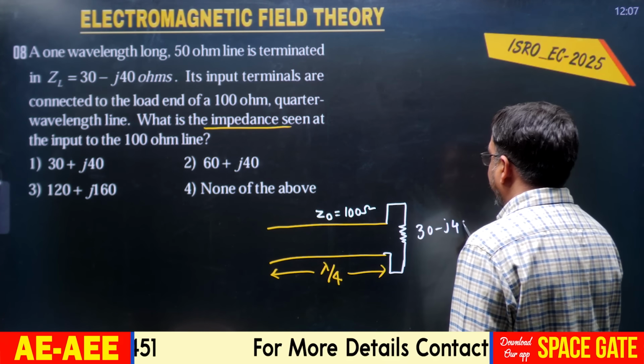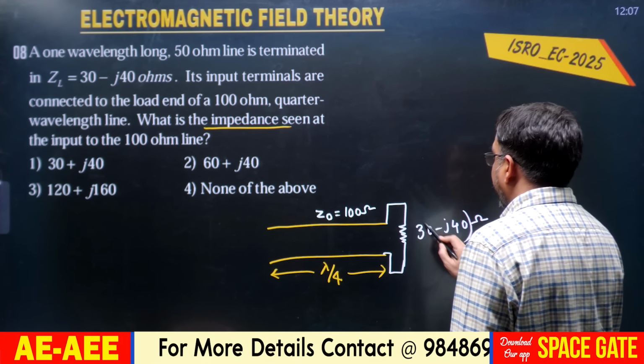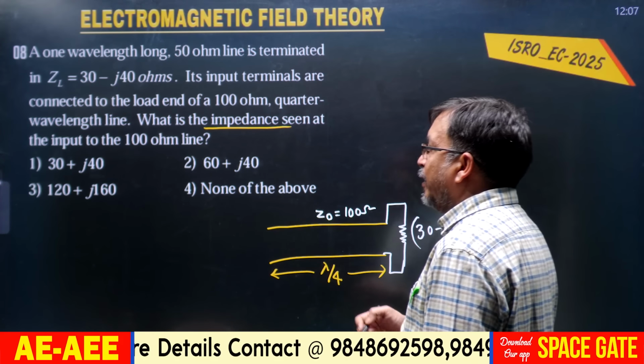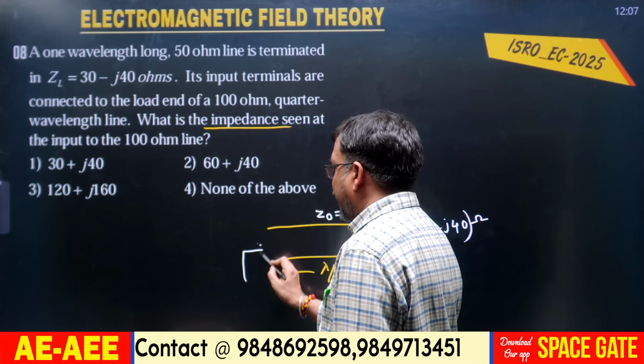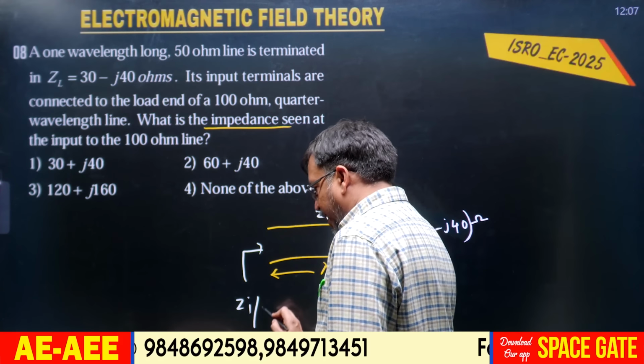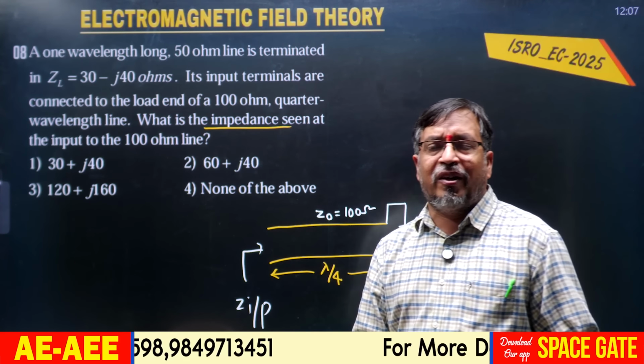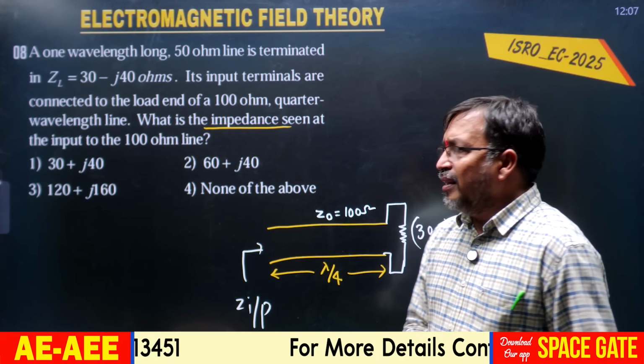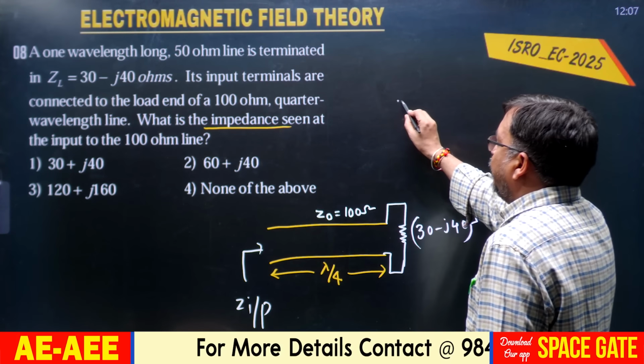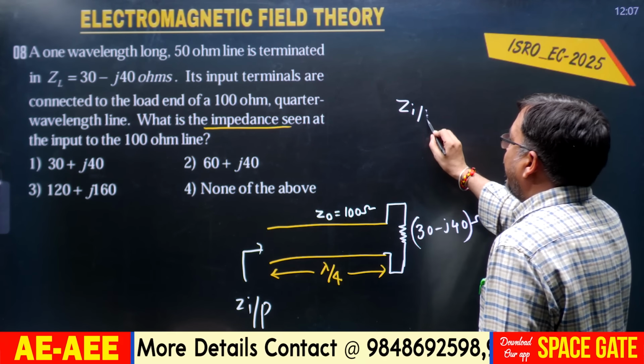Then it is asking the impedance at the input. That means indirectly it is asking for the input impedance of this quarter wavelength transmission line.